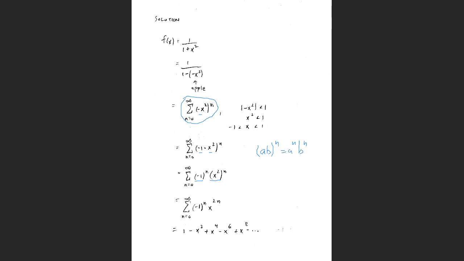Okay, and so the power series can be expressed this way, but I'm still not happy. It's not pretty enough for me. X squared raised to the nth power can be written very nicely as x to the 2n. And now this power series is as beautiful as I can make it. And I'm even going to write some terms of the power series. Why not? I'll write the first 5 terms of the power series.